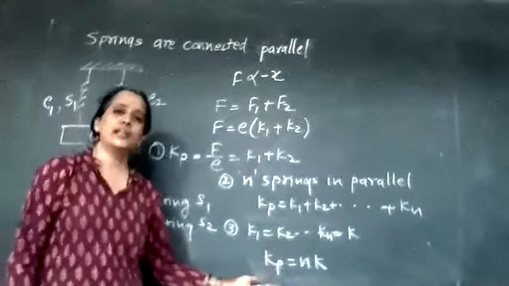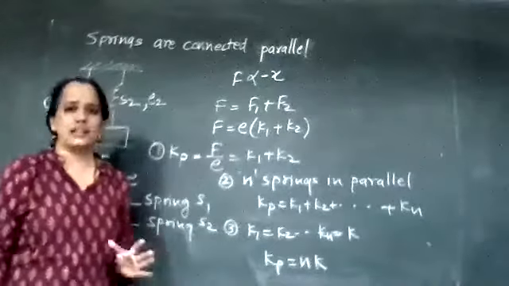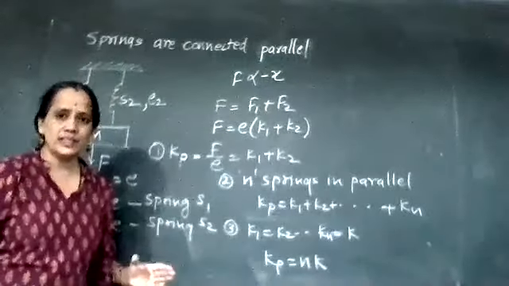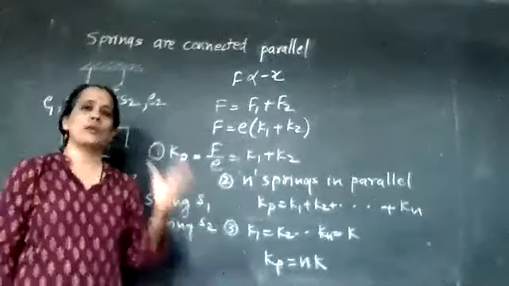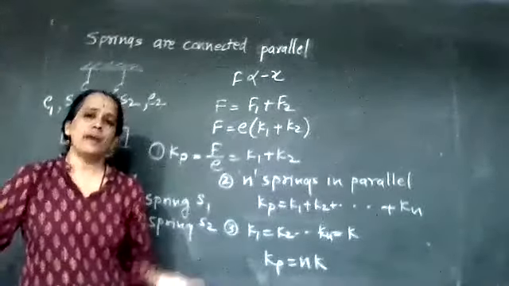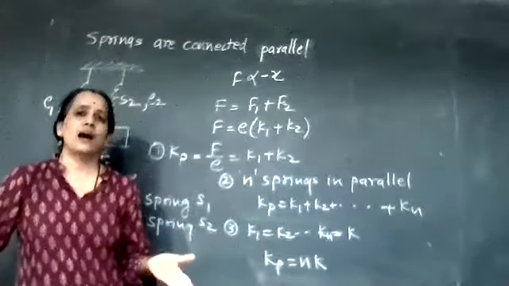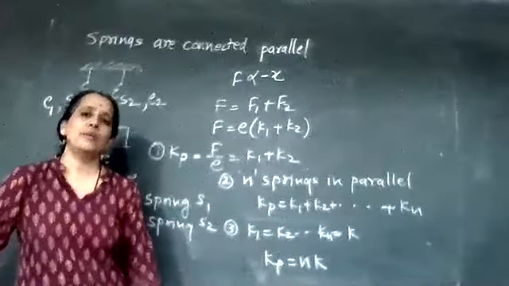Same thing I am getting here for springs. Clear? So this is the equivalence. Springs in series are equivalent to capacitors in series, and springs in parallel combination are equivalent to capacitors connected in parallel combination.